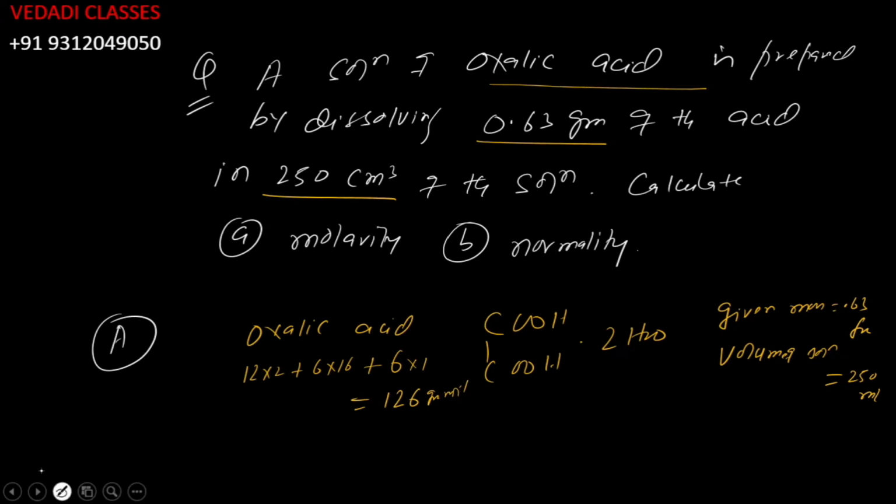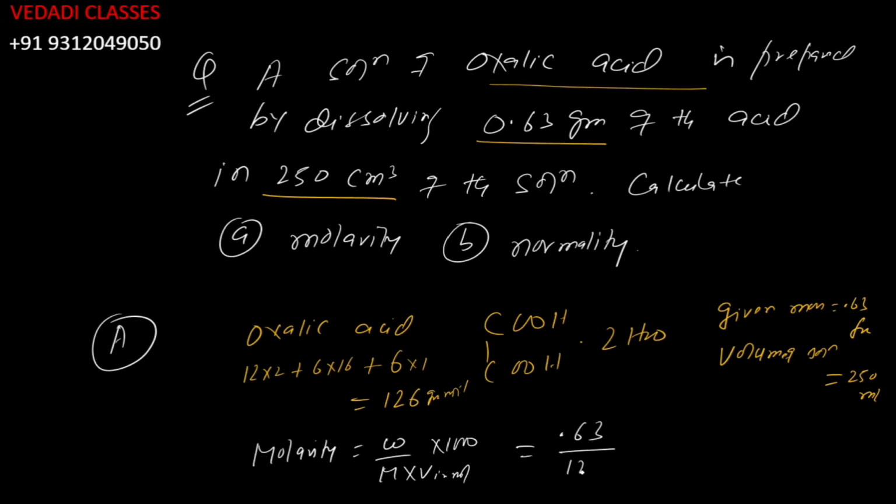What is the formula for the molarity? Again I want to repeat that. Molarity is equal to given mass upon molar mass into volume in milliliter into 1000. Put the values: given mass 0.63 divided by molar mass 126, into 1000 divided by volume 250.